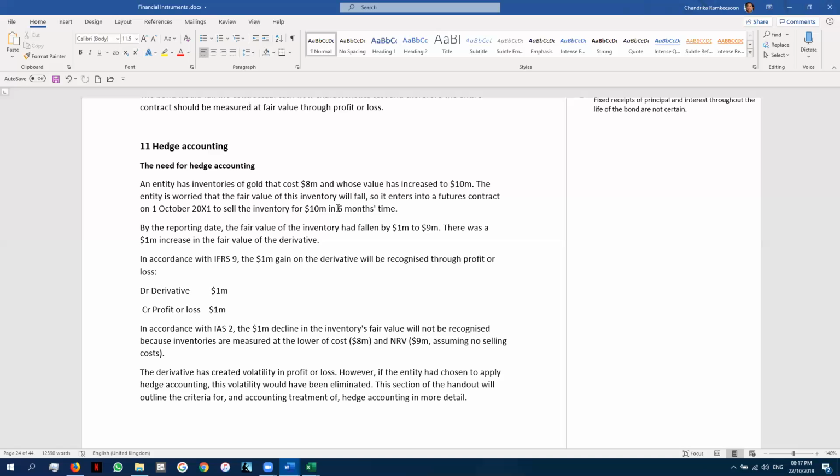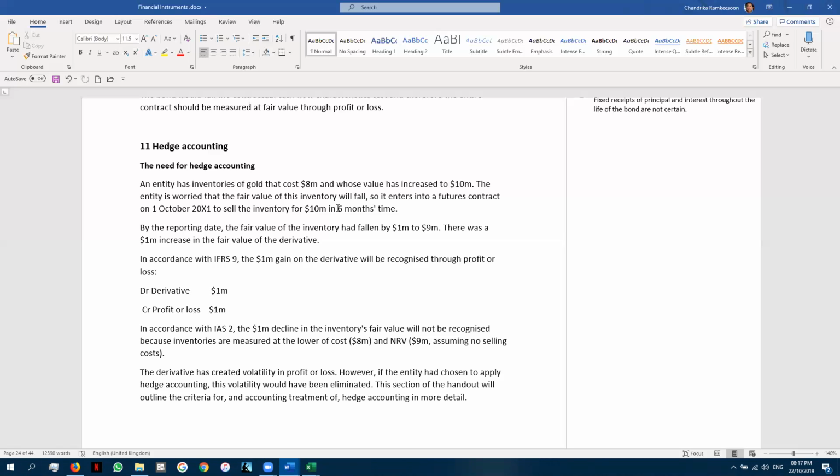What you will see, however, is that if hedge accounting was used, and you'll see the same example in a little while, it will be different. In other words, the value applied to the inventory would not be the same value as if IAS 2 had been used.